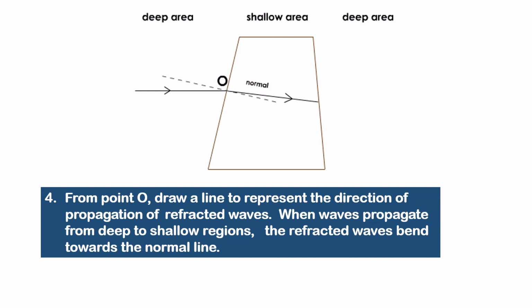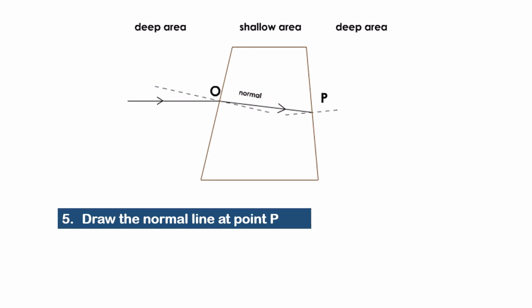We learned just now, when a wave propagates from deep to shallow region, the refracted wave bends towards the normal line. So how do we draw it bending towards the normal line? Here is the line before in the deep area. If it does not change direction, it will go straight like this, right? But it will move towards the normal line. So here is the normal line. So we draw towards the normal line like this.